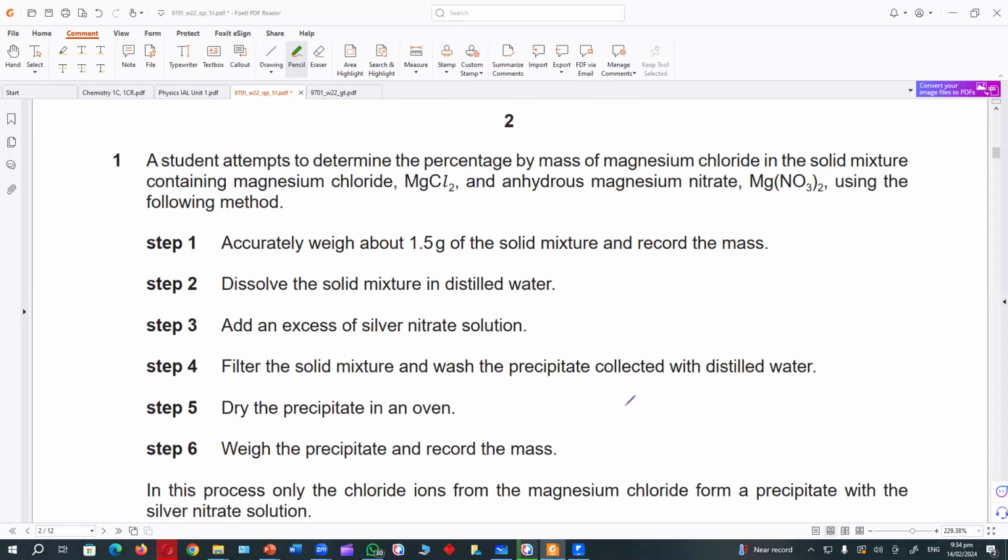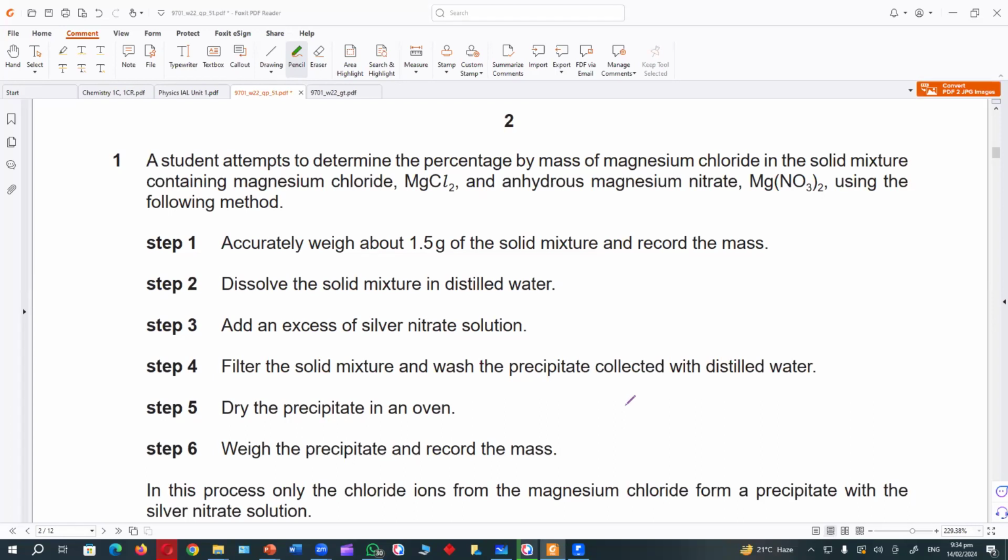A student attempts to determine the percentage by mass of magnesium chloride, MgCl2, in a solid mixture containing magnesium chloride and anhydrous magnesium nitrate using the following method. Accurately weigh about 1.5 gram of the solid mixture and record the mass.